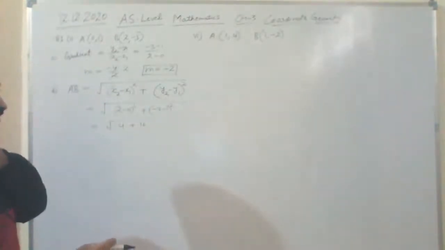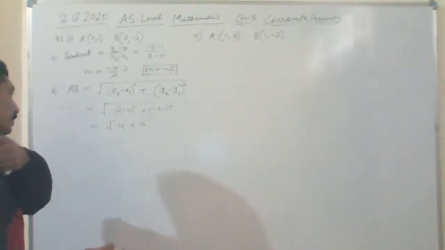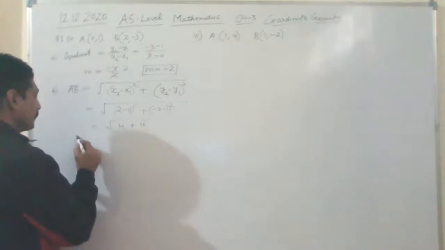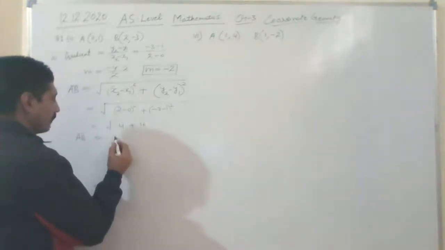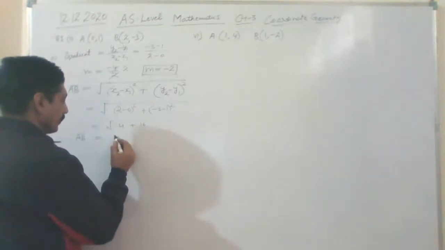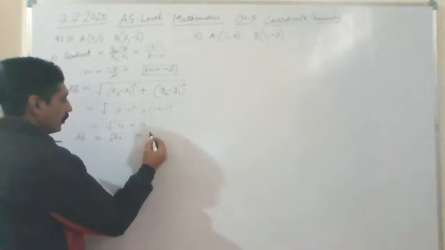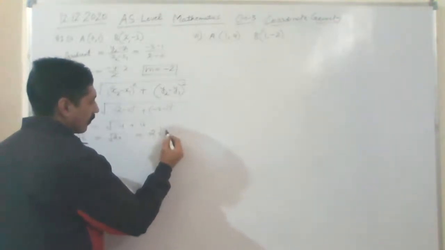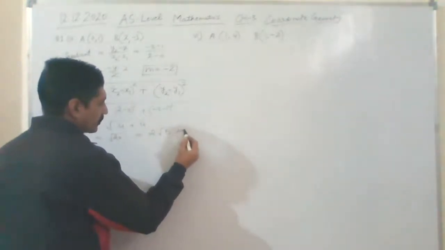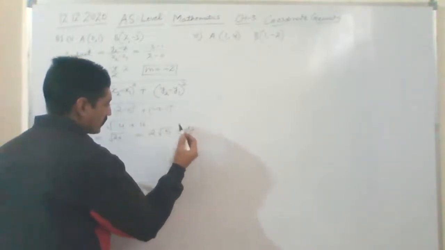So here the distance is under root 20. What is the length of AB? Under root 20, or we can write it as 2 under root 5 units. This is the distance.